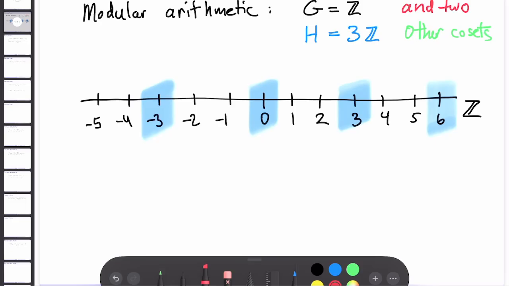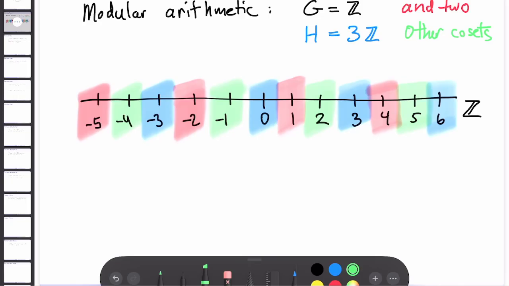So we got to make some choice here. Let's choose the coset containing 1 to be red, and the coset containing 2 to be green. So this is sort of the story, and of course this coloring extends out forever.